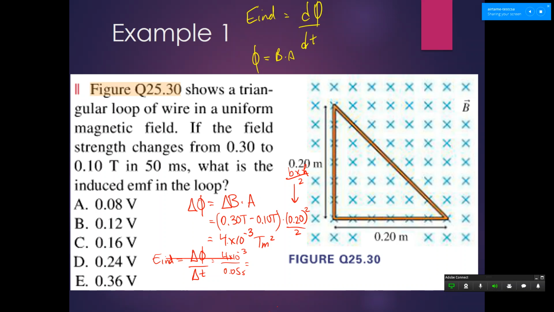Yeah, exactly. 0.08 volts, so the answer would be A. Any questions on this?